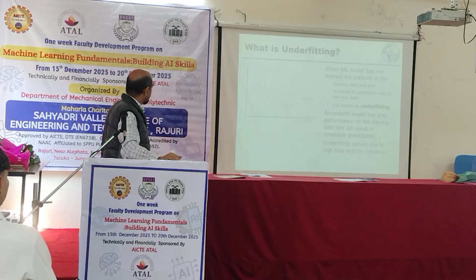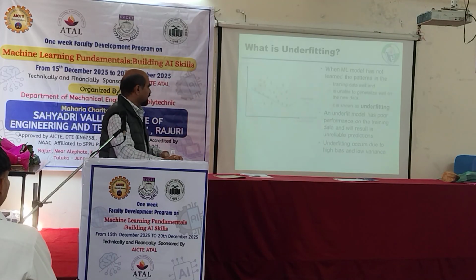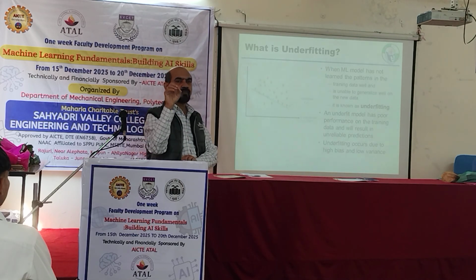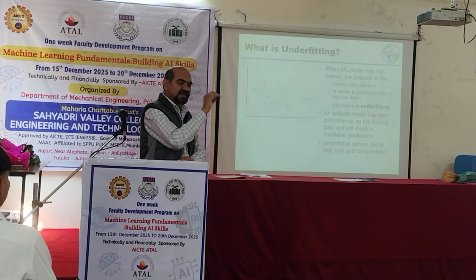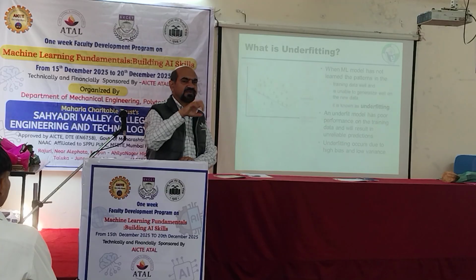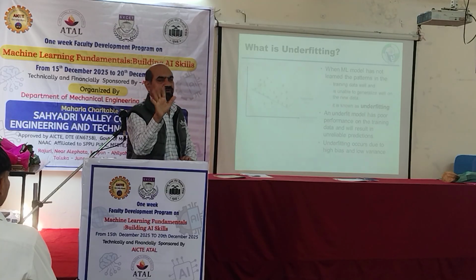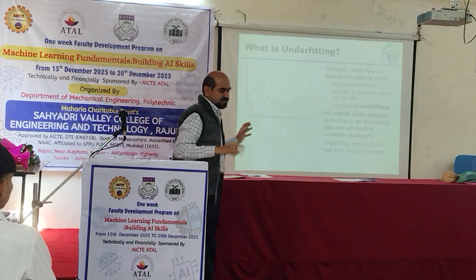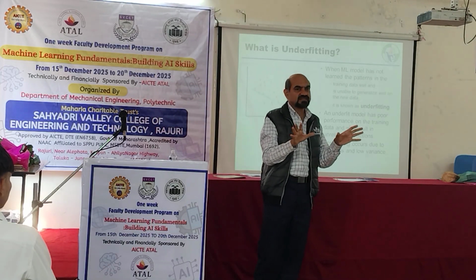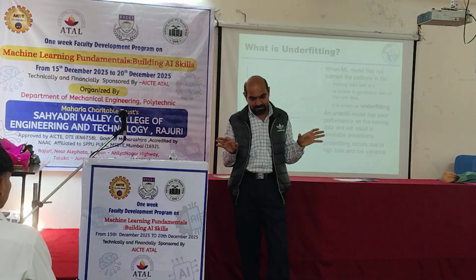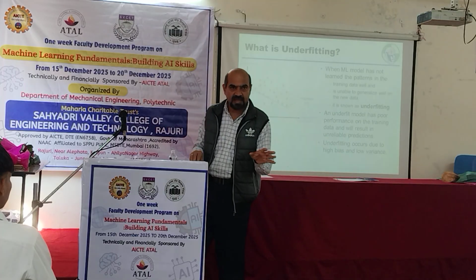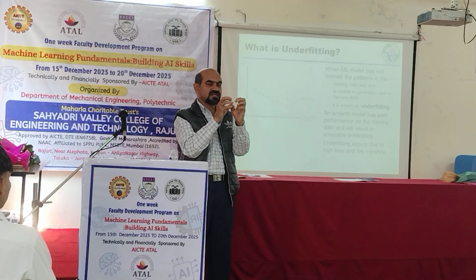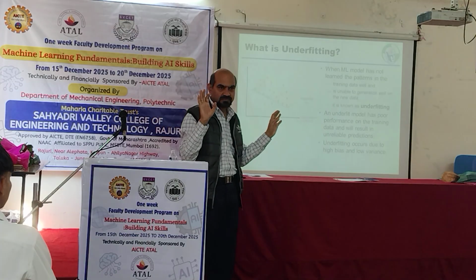Next. If it is an underfitting, the ML model has not learned properly, and in testing as well as training, it is giving the wrong, not full accuracy. Then I can say the underfitting. In simple, what I can say here, what happened? Underfitting and overfitting. Underfitting meaning the important features I missed.